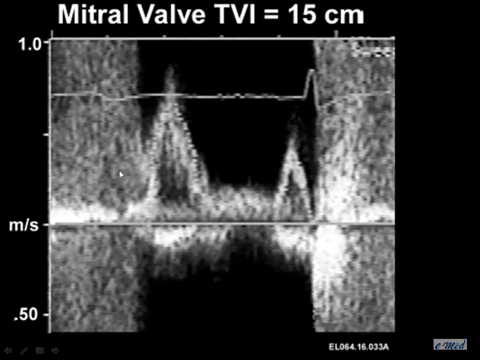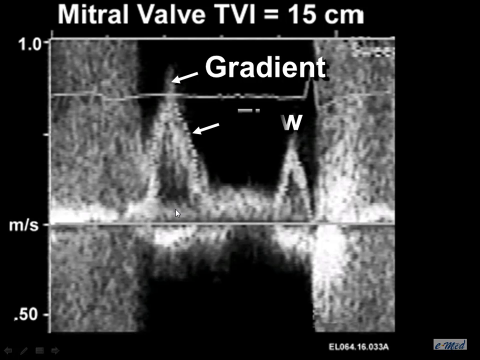But you see, the problem is that when people trace Doppler, they trace in general outside, and that's for gradients. But if you measure flow, you want to trace on the whitest line, which is the modal velocity.